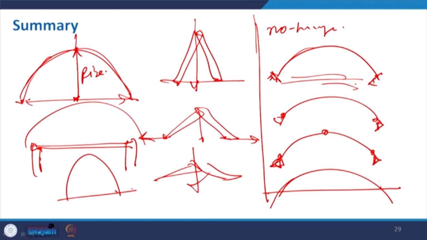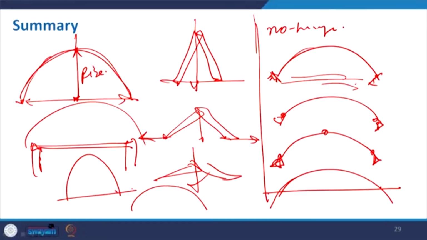Depending on the support and the situation we can choose, and we have seen a good number of examples where the arch is used so nicely that the overall aesthetics of the bridge or structure is really appreciable. The advantage of the arch is that we can go for a higher span, but the limitation is that the top portion of the arch is where you have to compromise with the space.